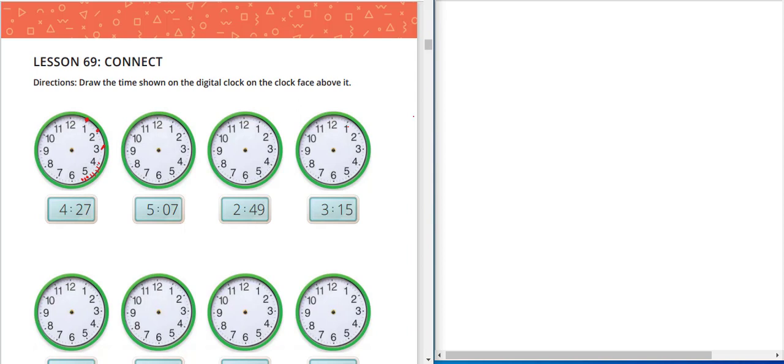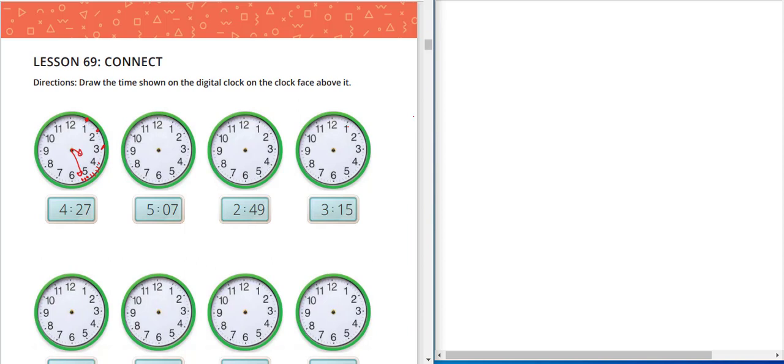So the minute hand will point to this dash, long hand for 27, and 4 hours, so the short hand will be between 4 and 5. It moves past 4 hours, so it must be long hand, short hand.